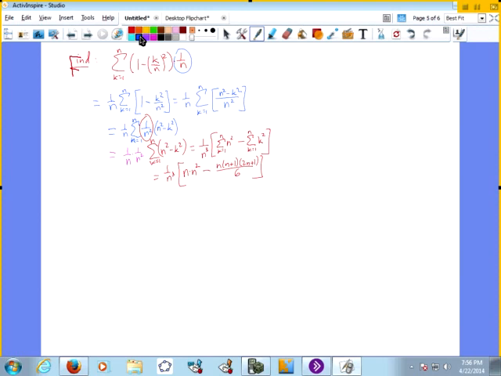And so if we look at trying to further simplify this, we have a 1 over n to the third. This is n cubed minus 2n cubed plus 3n squared plus n all over 6.